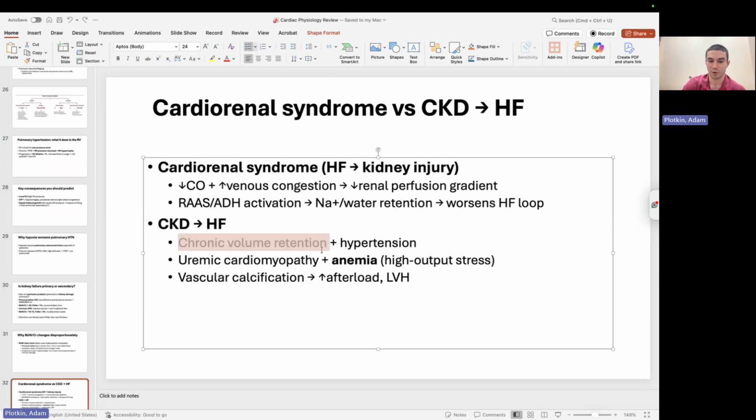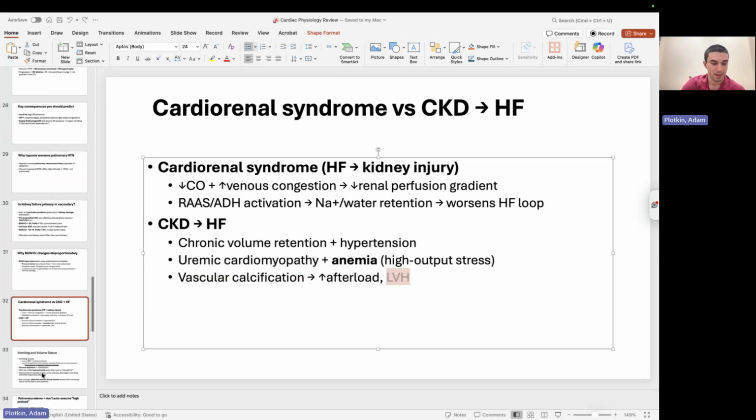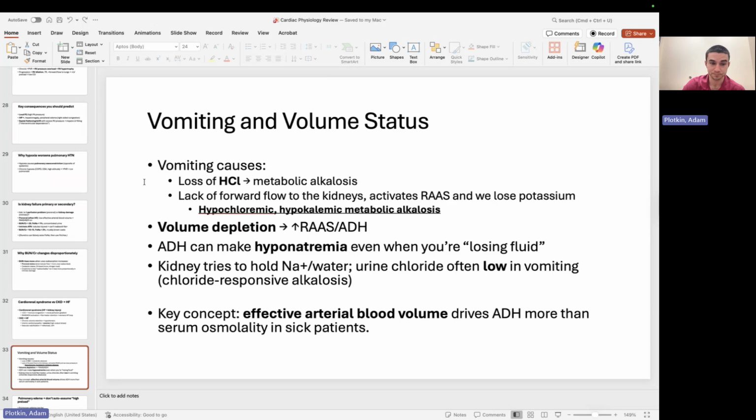Well, that could be from chronic volume retention and hypertension. It could be from uremia itself causing cardiomyopathy. Anemia from a lack of erythropoietin from the peritubular fibroblasts can lead to high output stress. And CKD can cause a lot of vascular calcification, which can increase afterload and left ventricular hypertrophy. Some advanced concepts.